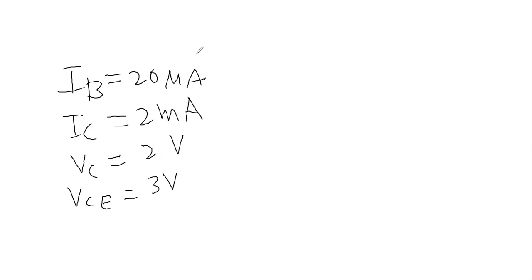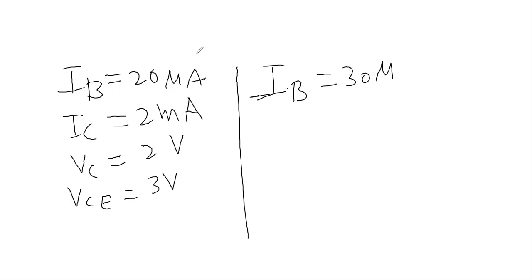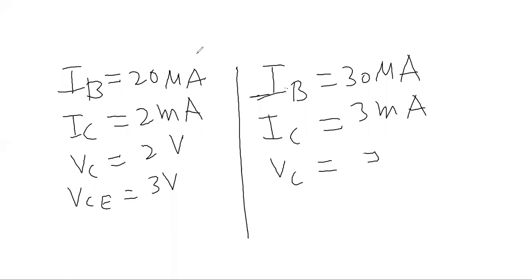And again we carry out another experiment, and we say IB equals 30 microampere, and IC will become 3 milliamp, and the drop across RC will become 3 volt, so VCE will be 2 volt.